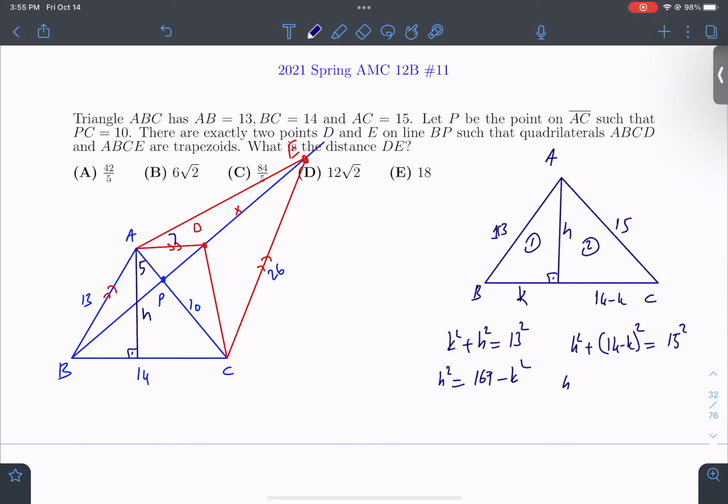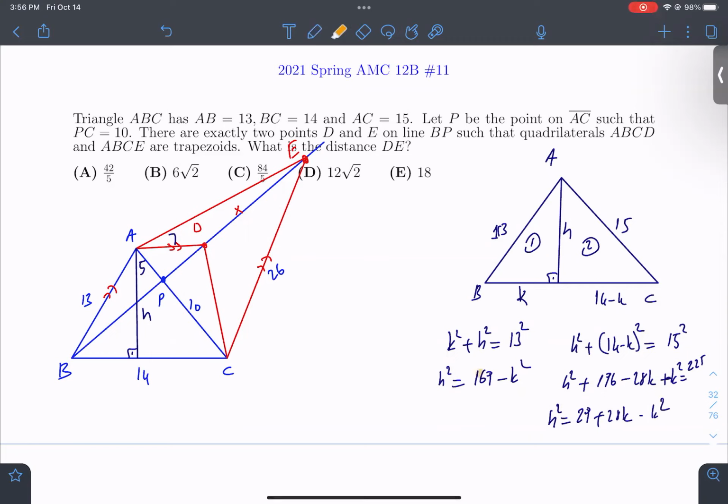We have to square a binomial here: 14 squared is 196, minus 28K, plus K squared, is equal to 225. Solving, H squared is equal to 225 minus 196, which is 29, plus 28K, minus K squared.